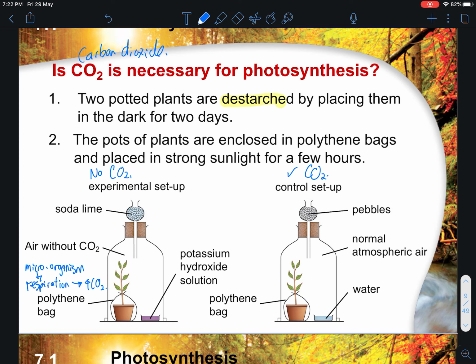Second thing is we have potassium hydroxide solution and soda lime. Soda lime is there to absorb your CO2. Why? Because gas is also moving in, like oxygen gas, nitrogen gas, so many gases are moving in and out. While in photosynthesis you always produce oxygen gas, oxygen gas will also be removed out of the bell jar.